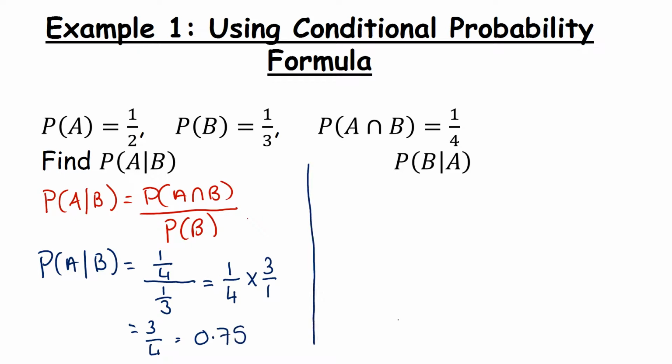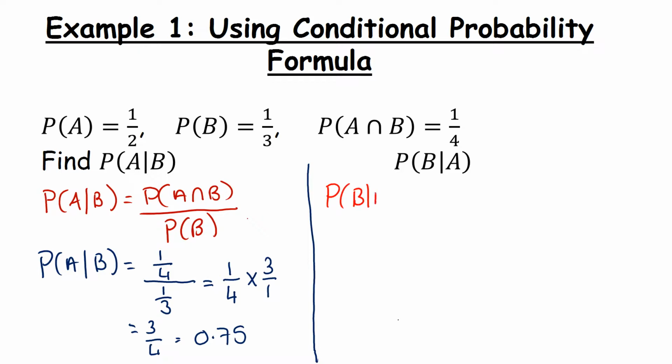Now, just before we go on, have a little think: do you think that the probability of A given B is the same as the probability of B given A? Let's investigate to see if that's the same thing. Does it matter?